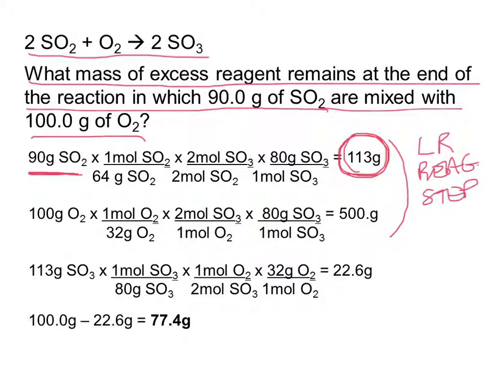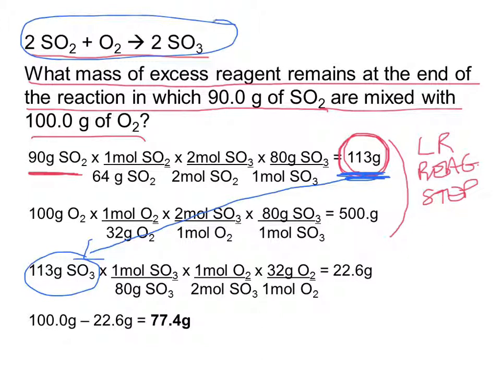So how do I do that? The easiest way is I know how much SO3 gas I can make from my limiting reagent of SO2. I'm going to plug that value back into here. That's going to be my starting material. I'm going to work backwards and determine how much oxygen gas I need to make 113 grams of SO3 based on my balanced equation, right?